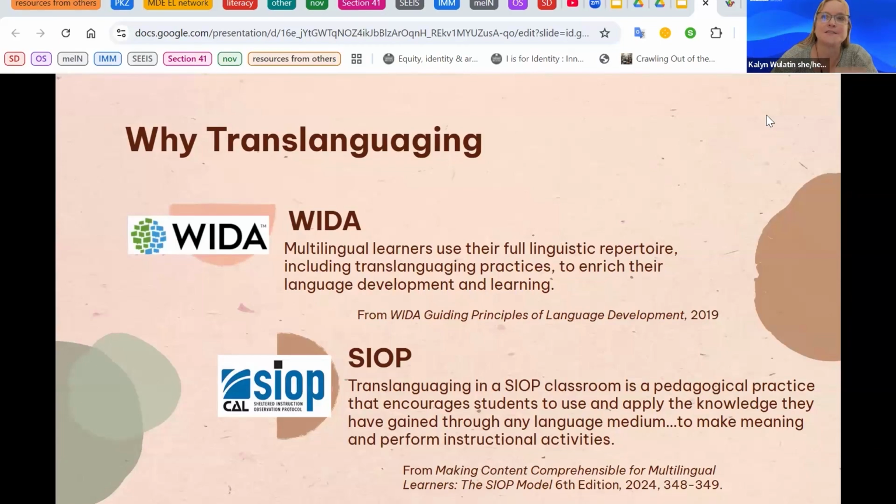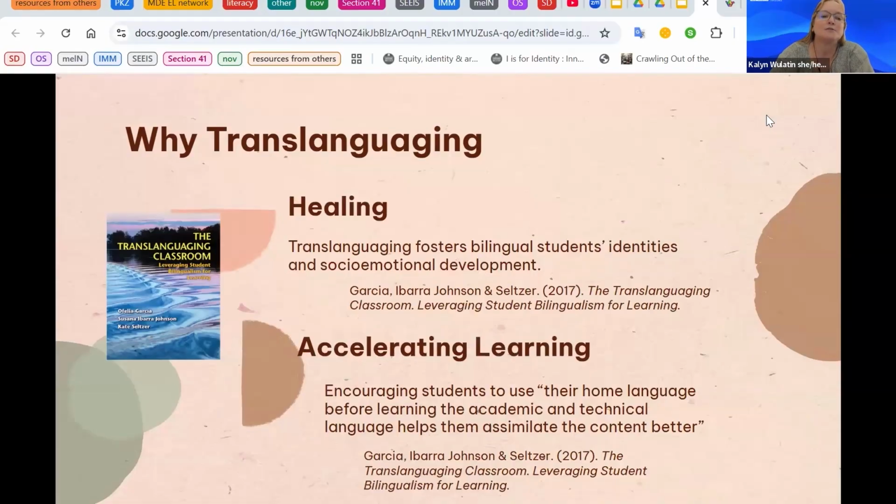And not just to support comprehensible input or giving students access to a task or content. It can be throughout education. So translanguaging is also a way a teacher teaches. It can be like a pedagogical approach.